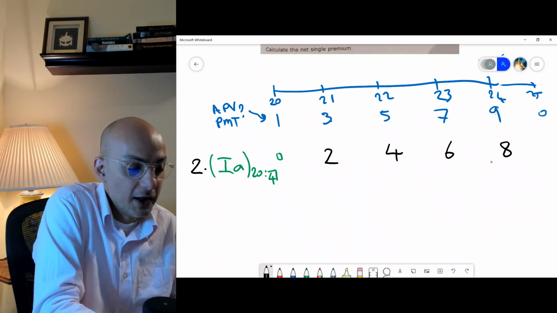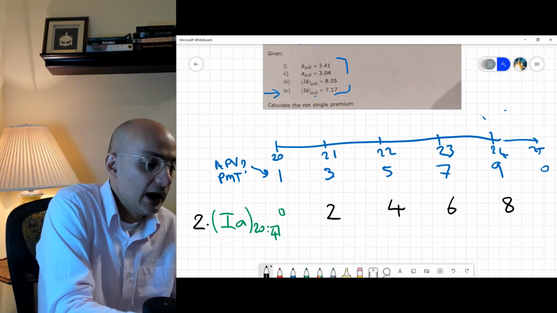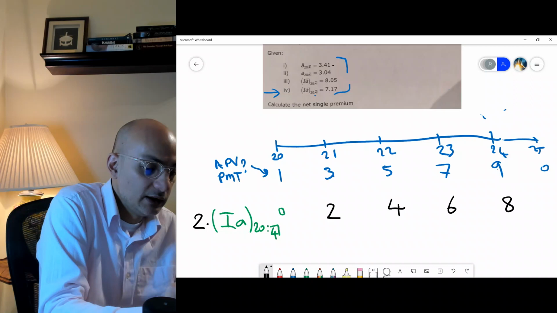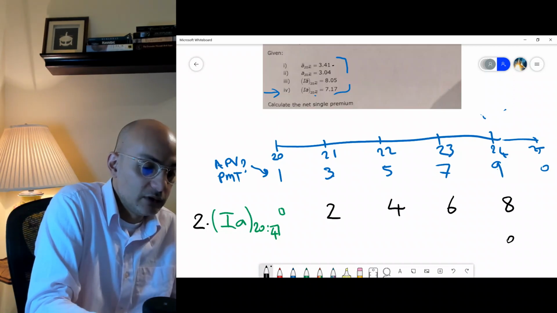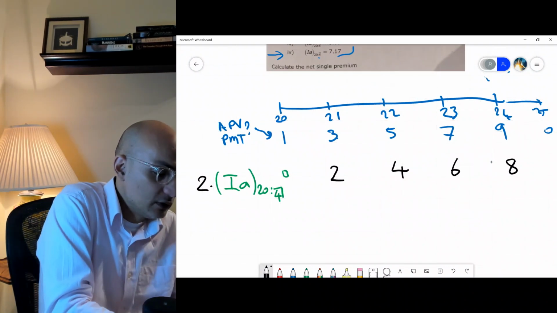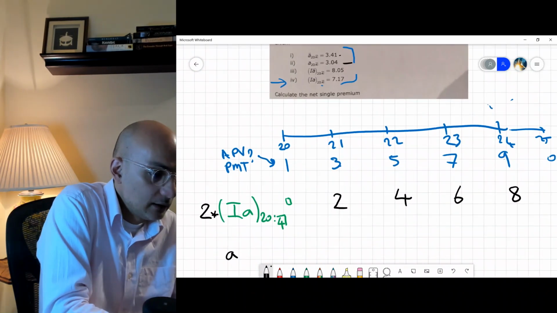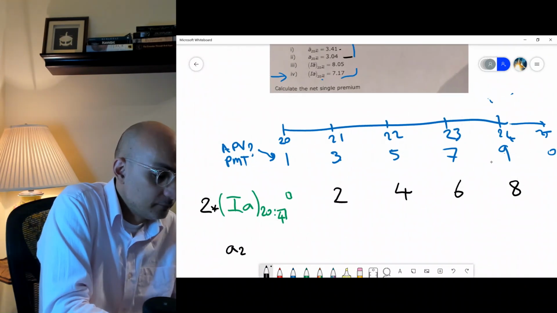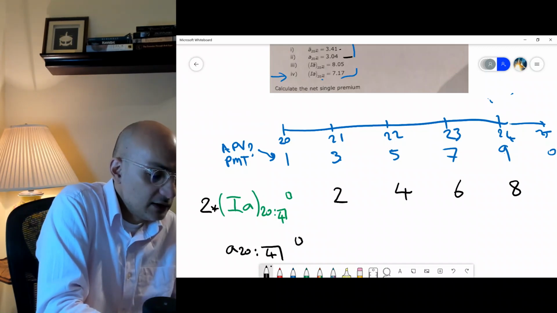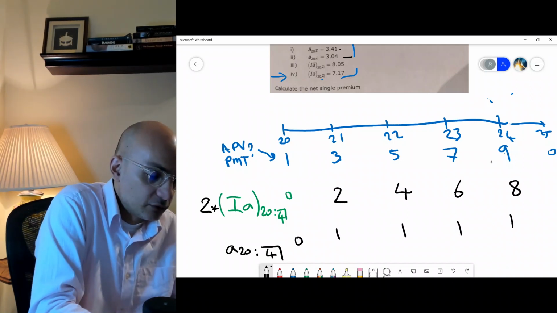If we add 1, so we need 1, 1, 1, 1, right? Which one gives us 1, 1, 1, 1? Let's see. We have this one. The problem with this one is it will give us 0 here, and this does not help. So let's take also this one here. Now you add it, 20 for 4 years, because it gives us payment at the end of the year, so it gives us 1, 1, 1, 1, 4 terms: 1, 2, 3, 4.